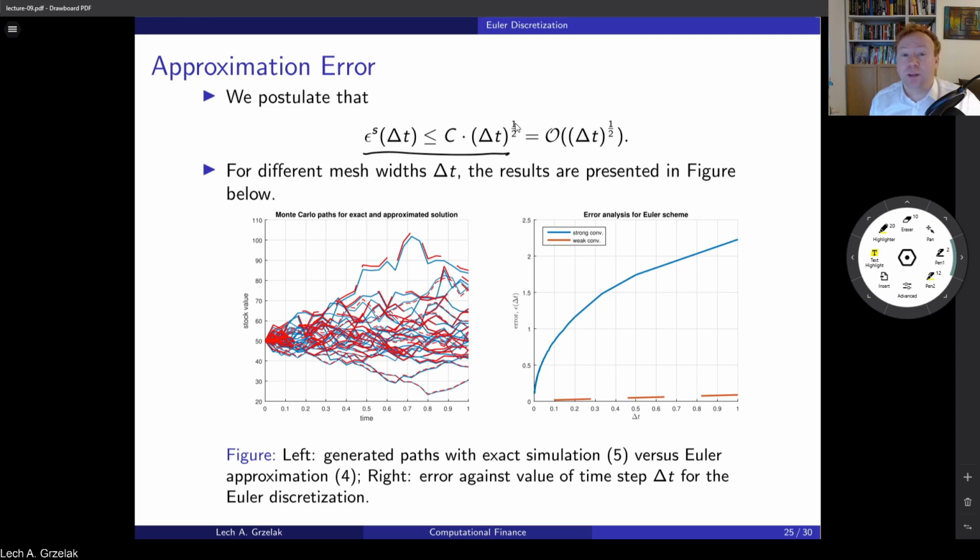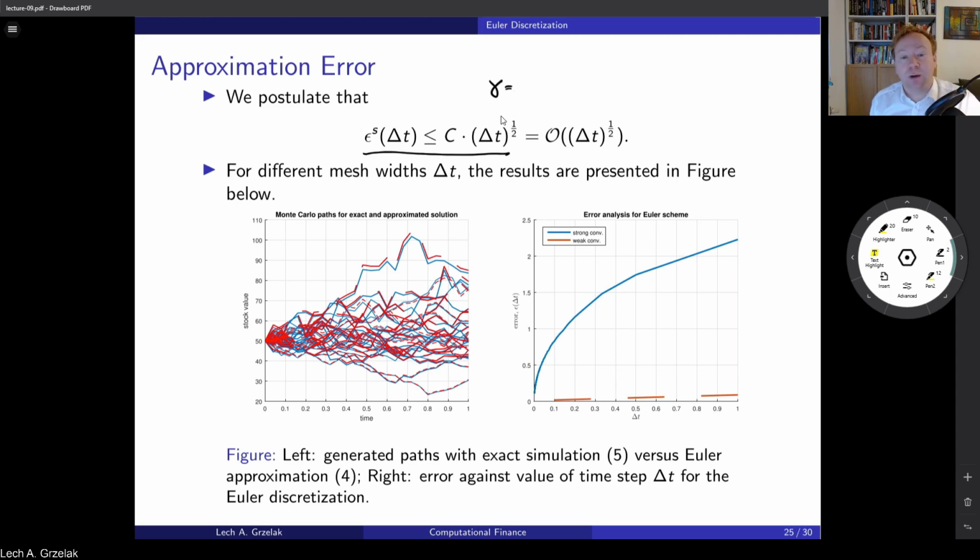So this one half here is problematic. We would like to have a convergence where this one half does not exist. For example, if we have an order of 1, then this one half would be gone, and if you would like to reduce the error by 100, your delta t will need to be reduced by 100, which is nicely proportional.